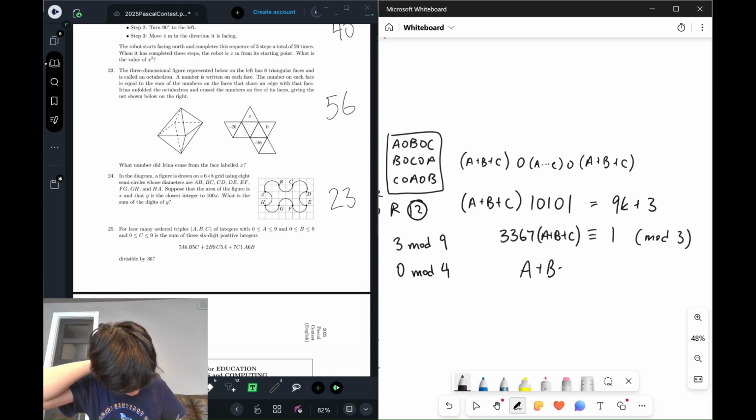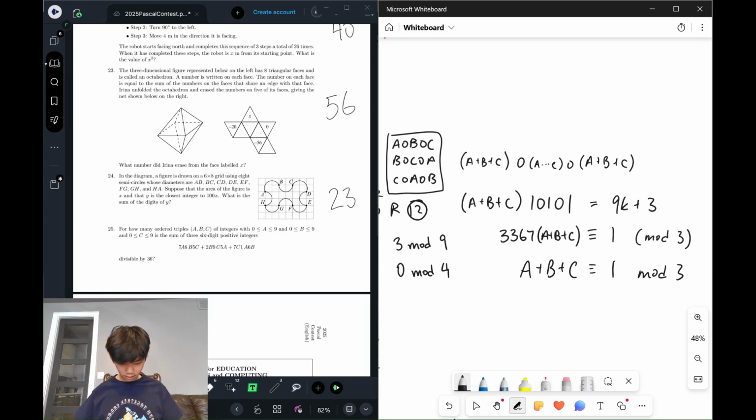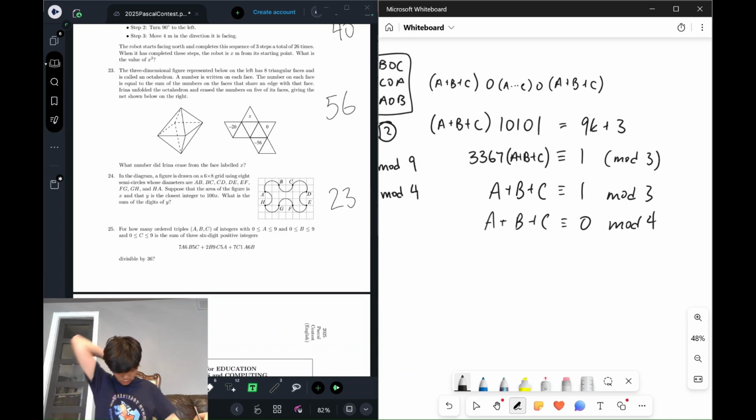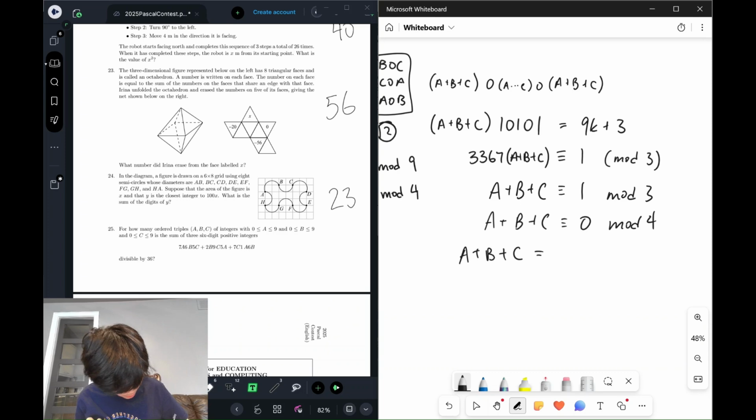So we get that a plus b plus c needs to be 1 mod 3. Similarly, a plus b plus c times 10101 needs to be divisible by 4. Since 10101 is odd, this means that 4 divides a plus b plus c, or a plus b plus c is 0 mod 4. Now, we can combine these to get that a plus b plus c is congruent to 4 mod 12, since that's a unique solution.